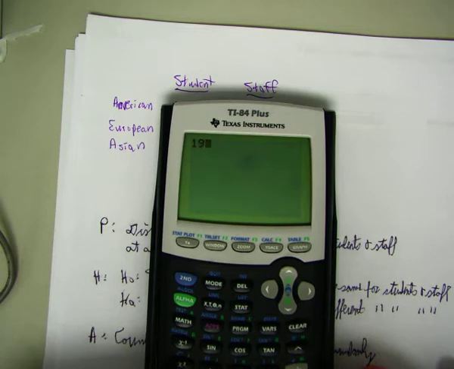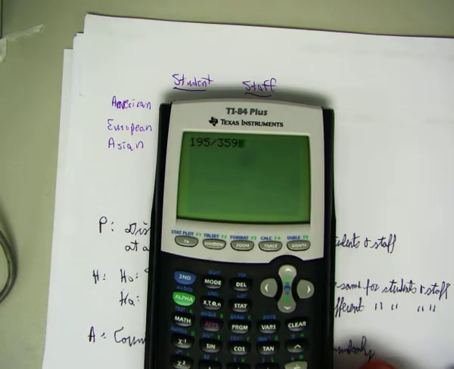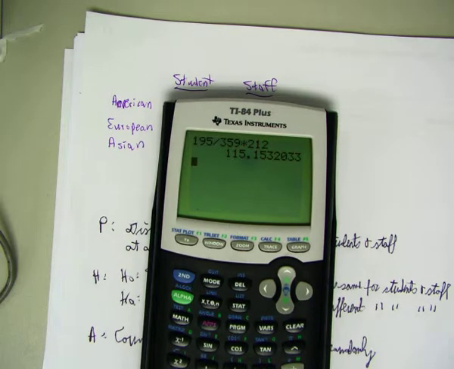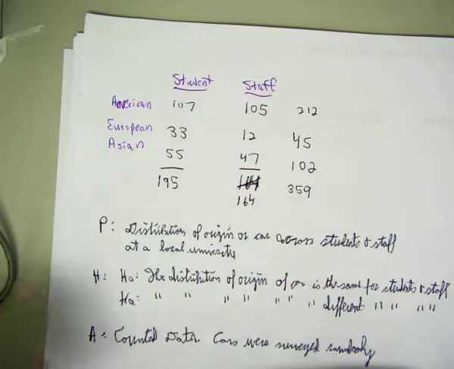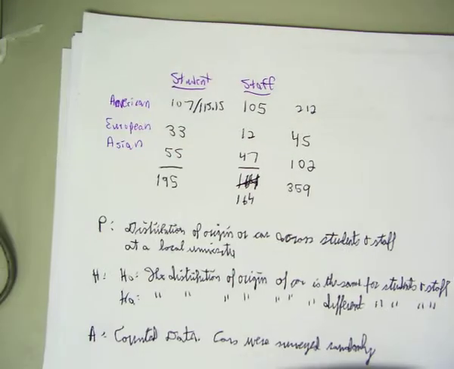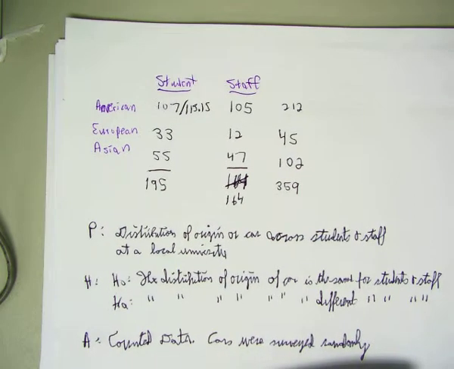So there's 195 students divided by 359 total people. Okay, so that's the proportion of students there are, and there's 212 American cars. So I get 115.15. Now the expected can be a decimal. The observed cannot. Okay? So let's do the staff American cars.